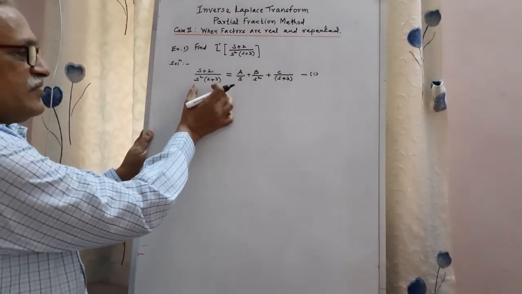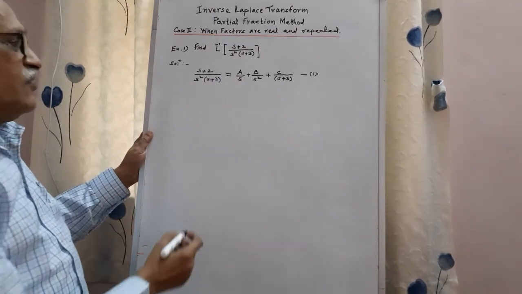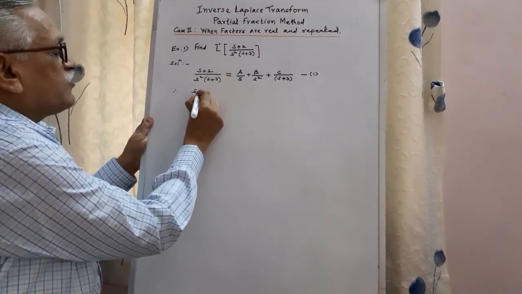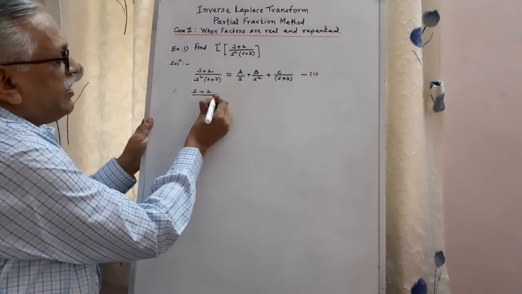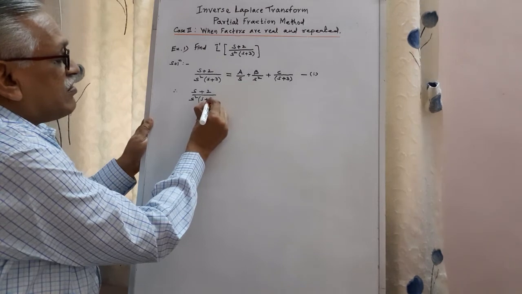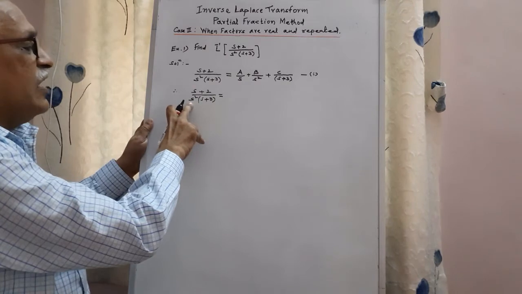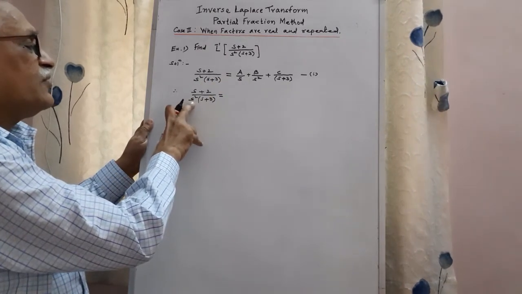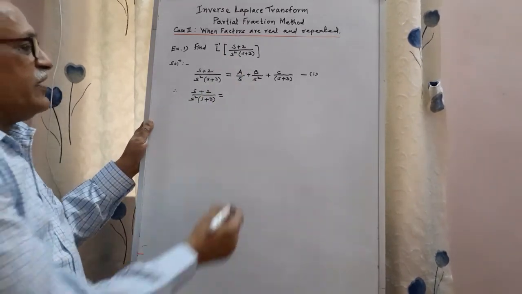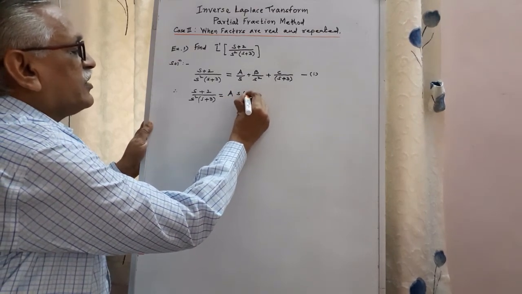Then finding the LCM of these factors, s square into s plus 3, we get s plus 2 divided by s square into s plus 3 equals, divided by this LCM. One s gets cancelled, so what remains is s into s plus 3, by which we multiply A. Therefore A into s plus 3.